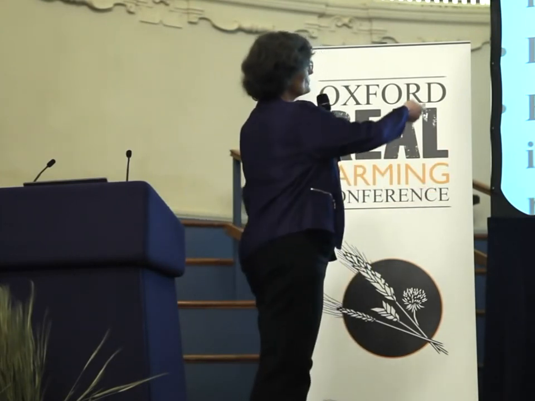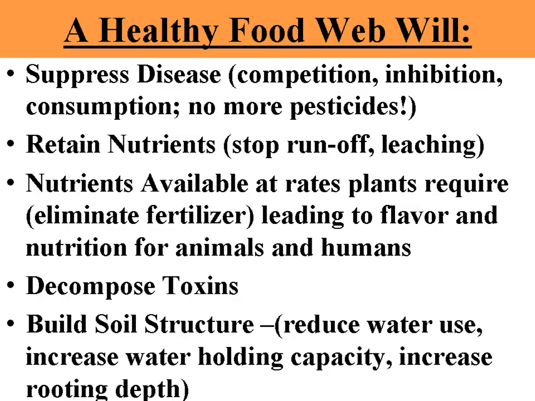So, retaining nutrients. Making nutrients available at the rate your plant requires. Who's in control of the rate at which those nutrients are released in a plant-available form right there at the surface of the root system of the plant? Hopefully you can answer that. It's your plant. How much nutrient does your plant require? It's going to put out enough exudate to grow the bacteria and fungi so they can be eaten by the protozoa, nematodes, and microarthropods to release the nutrients that your plant requires.